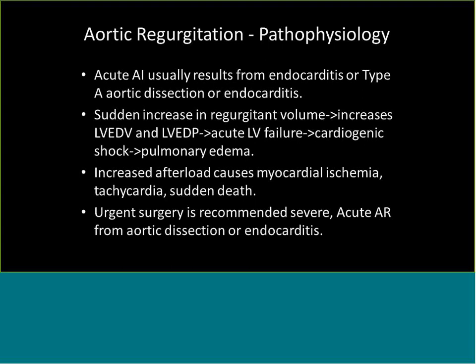So you have profound coronary ischemia, and urgent surgery is recommended for these patients with severe acute AR from either of these problems, because otherwise they won't survive. They won't survive trying to tune them up or whatever. They don't have time for that. So you've got to get them to the OR.